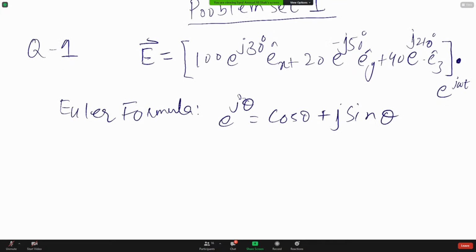So let's multiply this e raised to power j omega t with this equation inside the brackets.